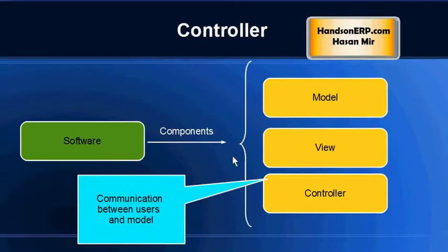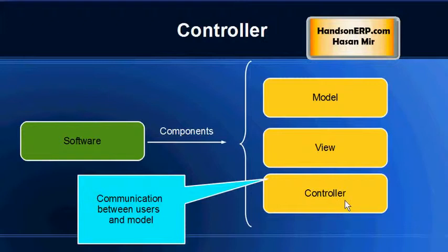The controller component's job is to handle communication between users and the model. Users will be interacting using the interface that is produced by the view component, and whenever they interact, the communication will be handled by the controller.